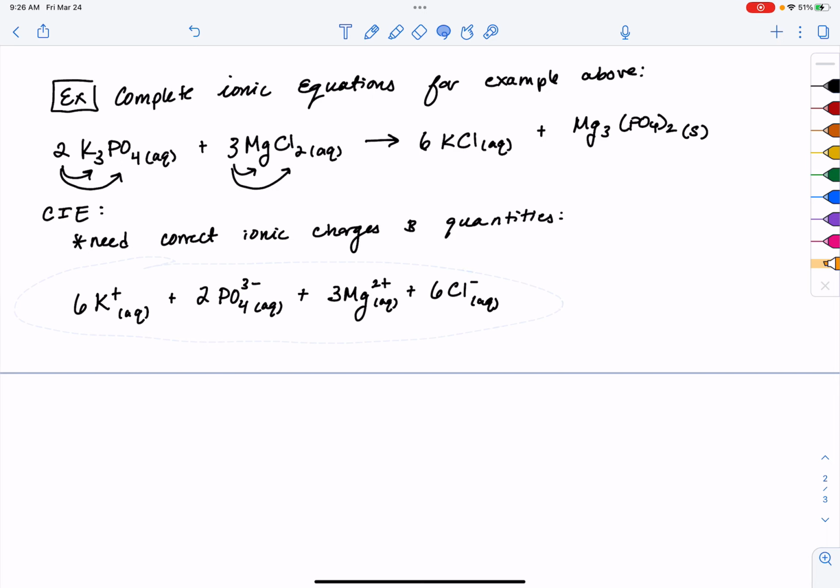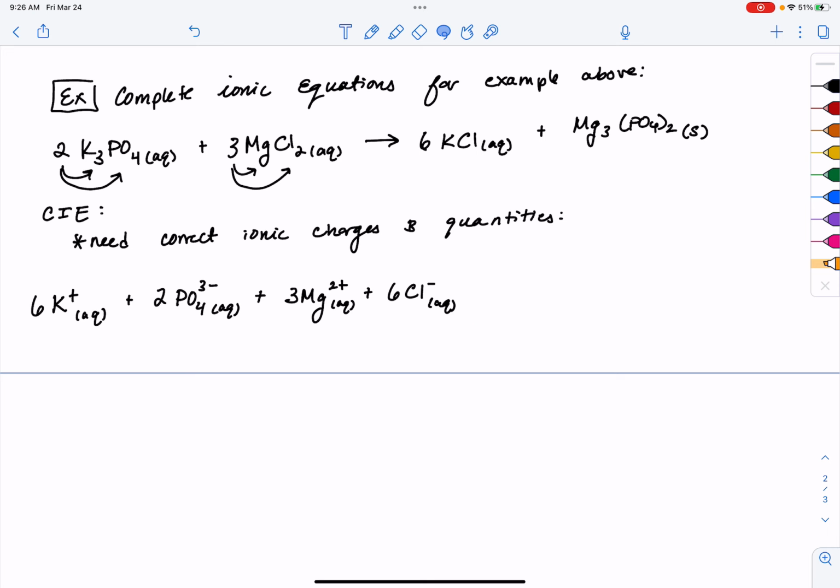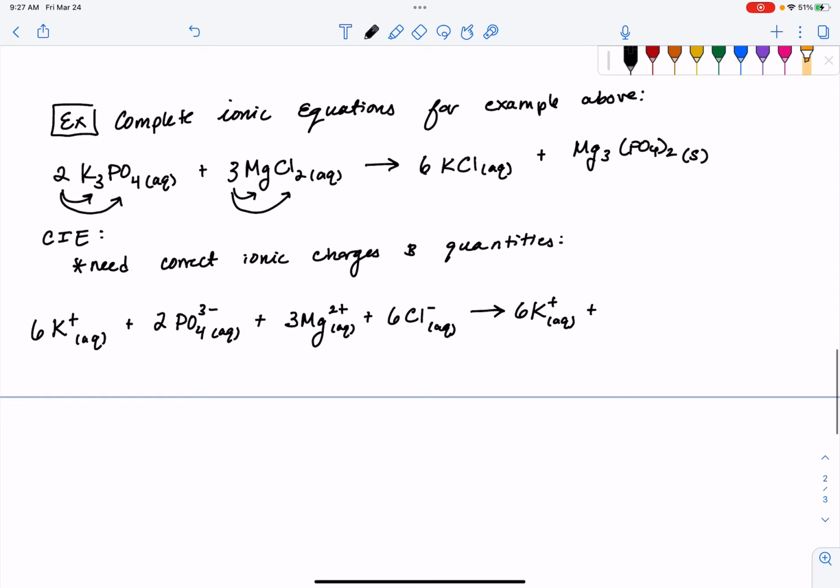Let's now look at our products. So we do have an aqueous product here, that is our potassium chloride. So we are going to have 6 potassium cations in the beaker once our reaction is complete, and 6 chloride anions.